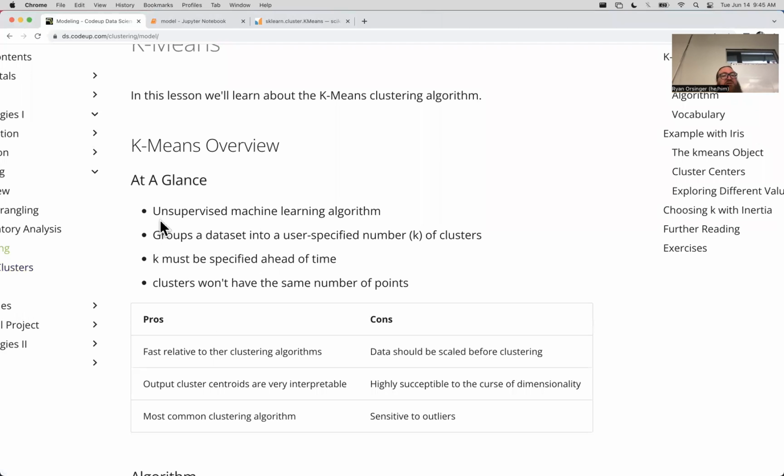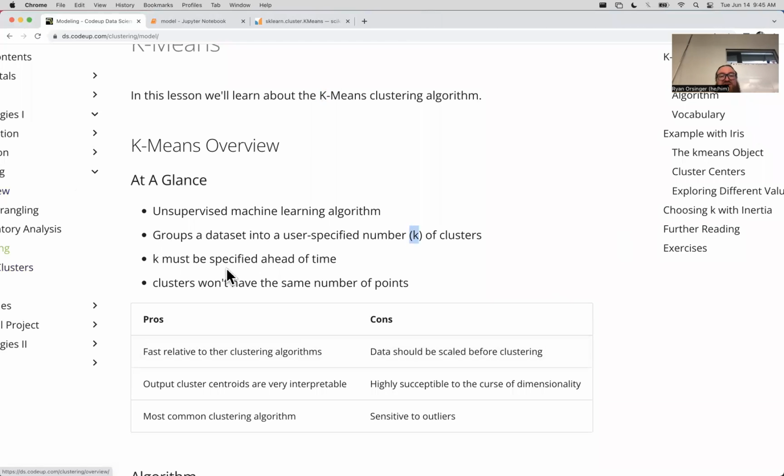So what's going on with k-means, and why is it called k-means? K is a variable, right? And we've seen k before with k nearest neighbors. In both of these cases, k is up to you, just like the k in the interquartile range rule.